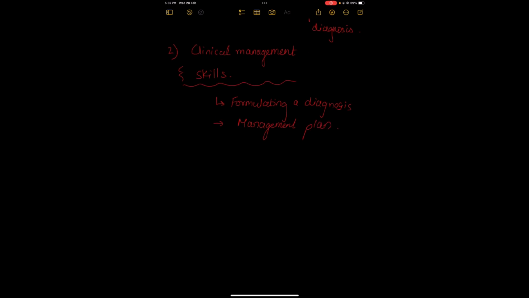So this includes two things. One, the provisional diagnosis that you have made, and the management according to the diagnosis. The management that you have to explain to the patient is included in the clinical management and skills, and this also carries 4 marks.